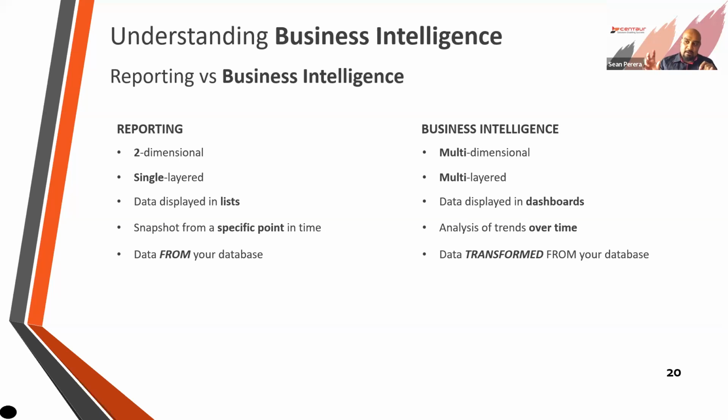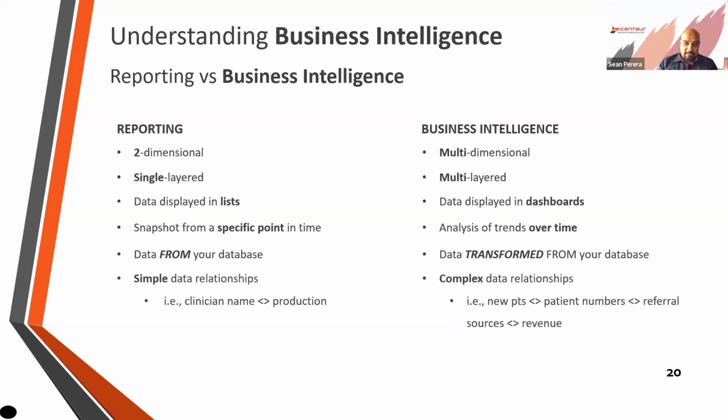This word transform, let's talk about that in a minute as well. We've got a few things we'd like to talk to you about with regards to transforming data: simple data relationships, such as clinician name and production, and complex data relationships, such as clinician names, production, referral sources, revenue, patient numbers, all sorts.